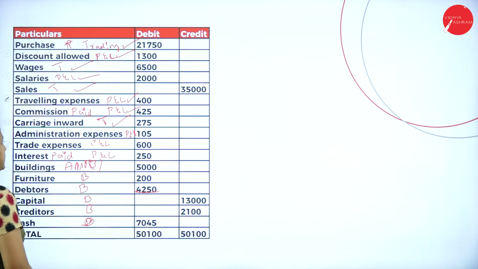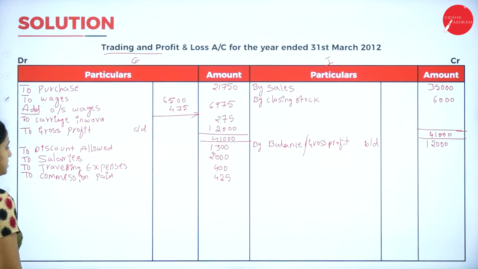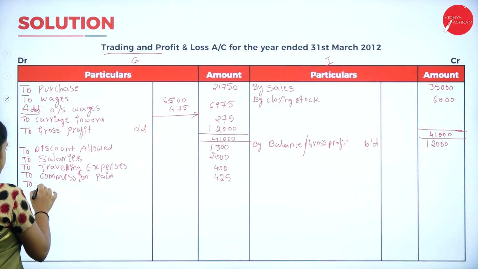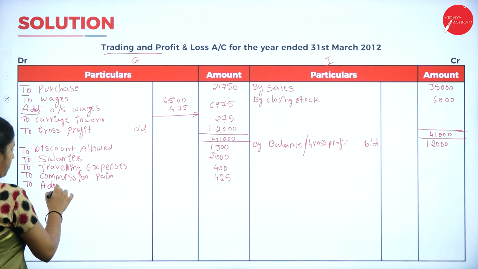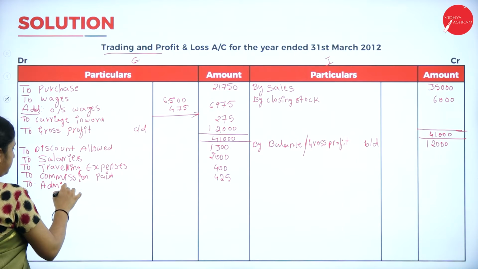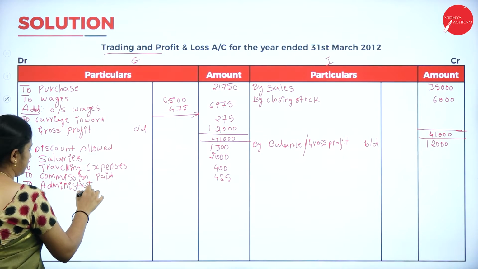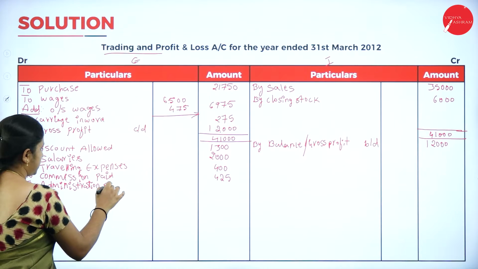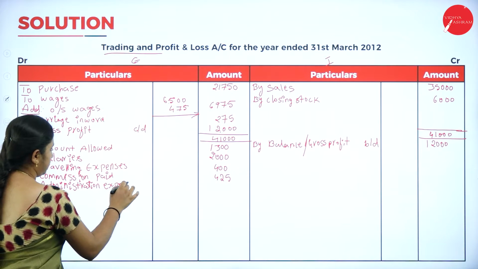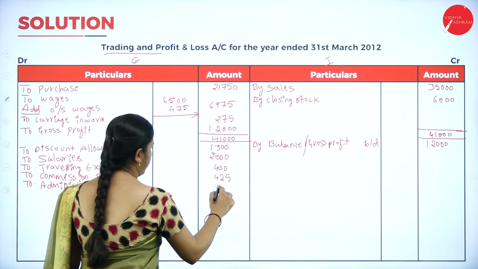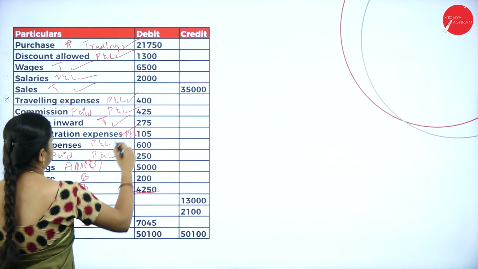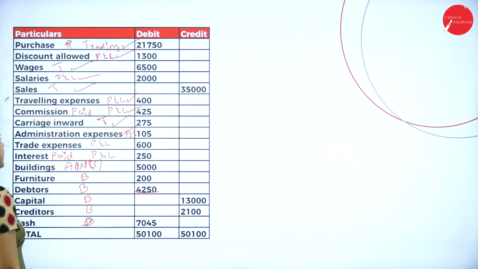Expense, debit side, administration expense 105. Next, trade expense.